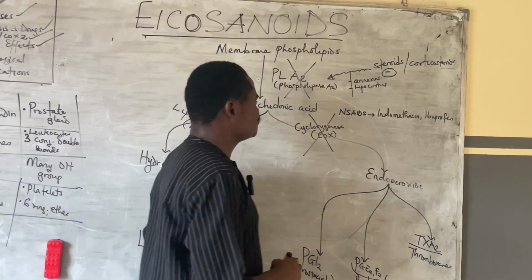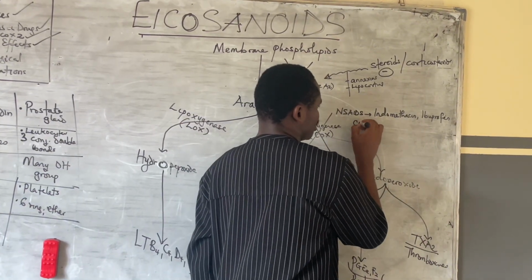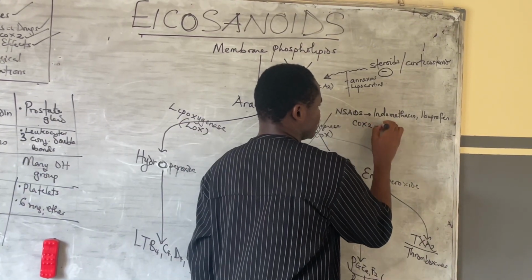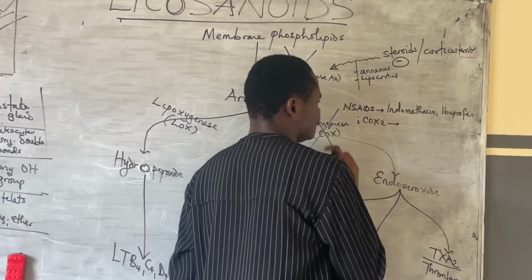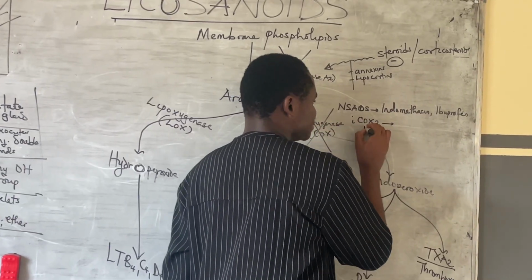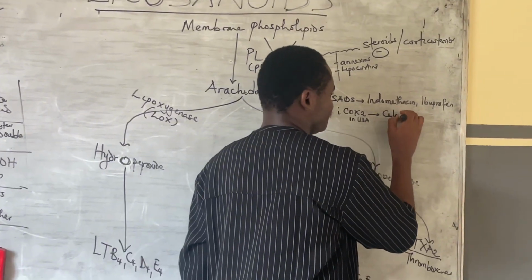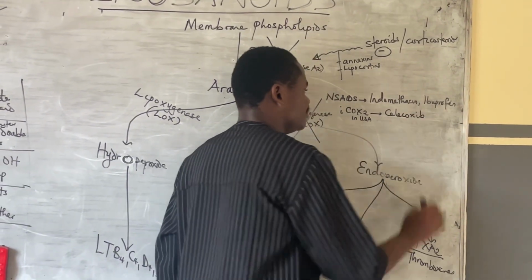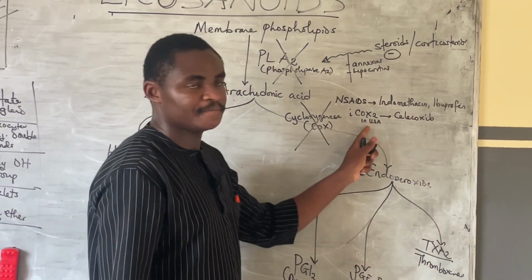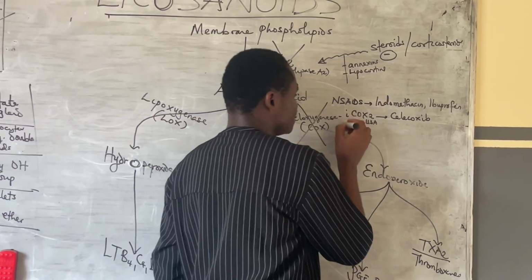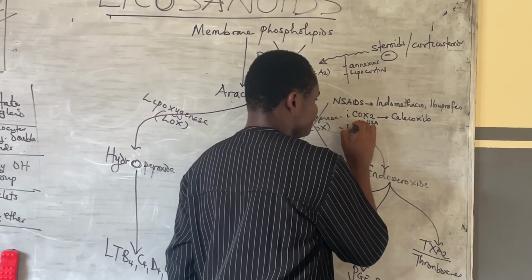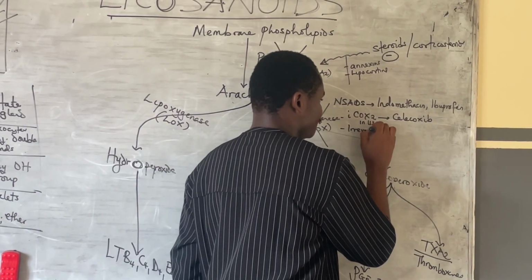Now, what are examples of drugs that act here? COX-2 can be inhibited. Inhibition of COX-2 in the USA is by a particular drug that we remember called celecoxib. Celecoxib inhibits COX-2 in the USA. Now, we also have an irreversible COX inhibitor.